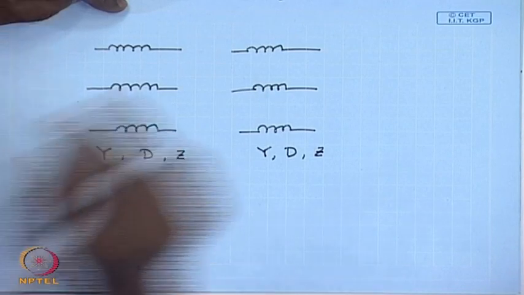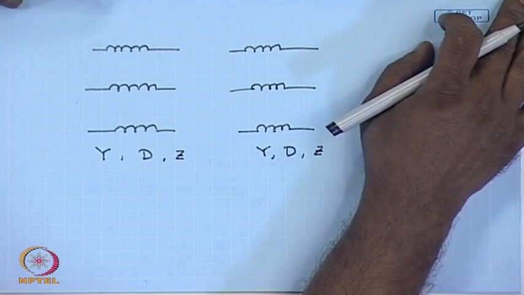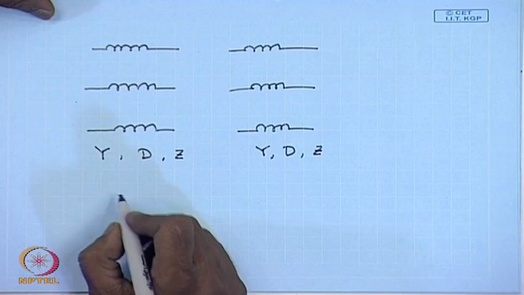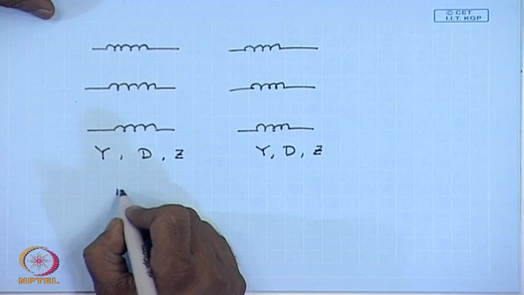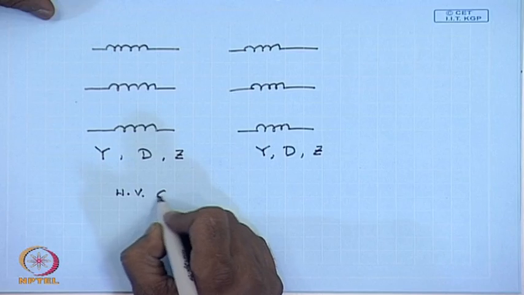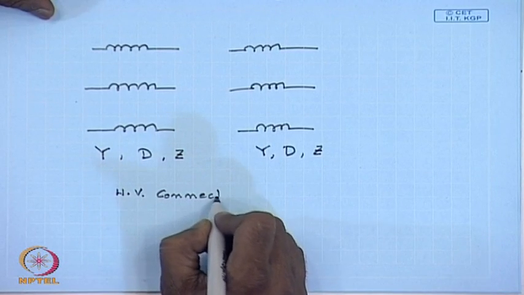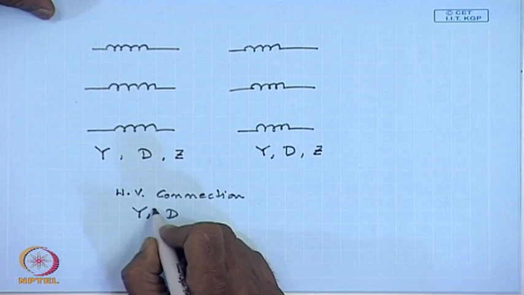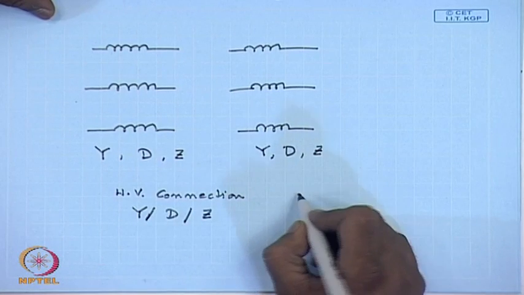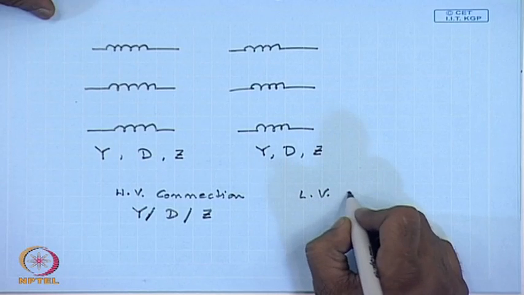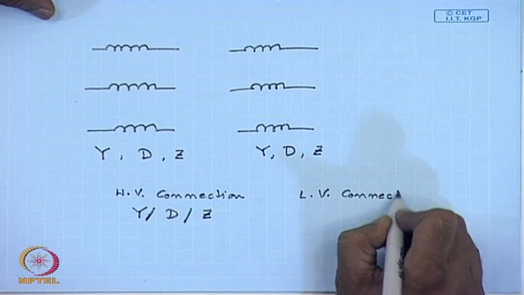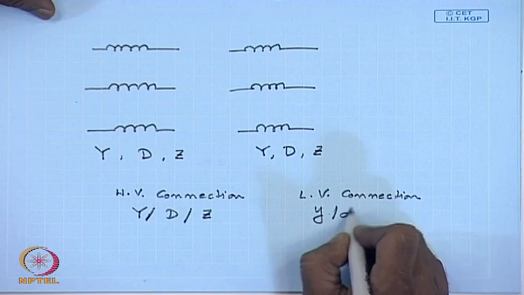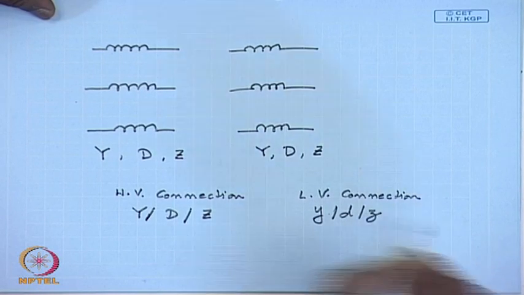So, in order to completely specify the transformer winding connection, we have to mention the high voltage connection, whether it is star, delta or zigzag. Similarly, the LV connection, whether it is star, delta or zigzag.